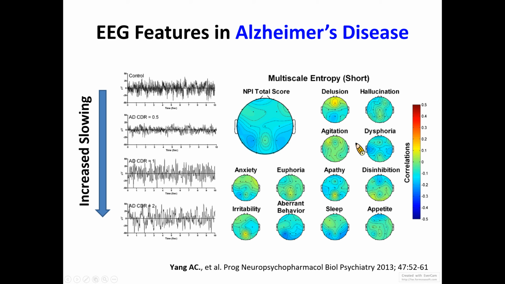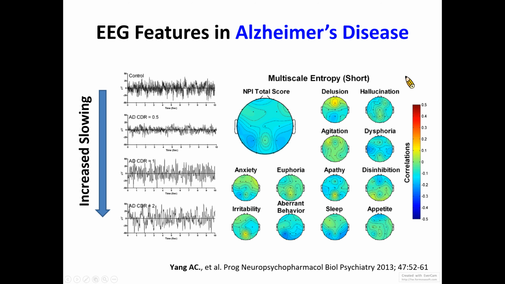But in this paper, we also show that there are different associations between neuropsychiatric symptoms and EEG features.